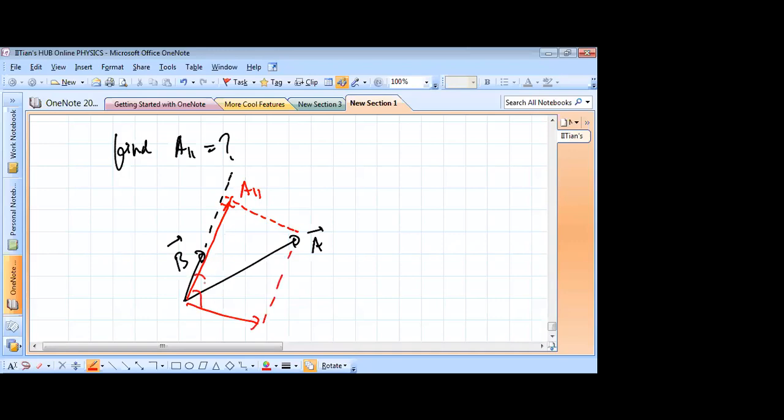So if this angle is theta, you can see that A parallel would be A cos theta. So that is again the component of A along B, and A perpendicular would be A sin theta.